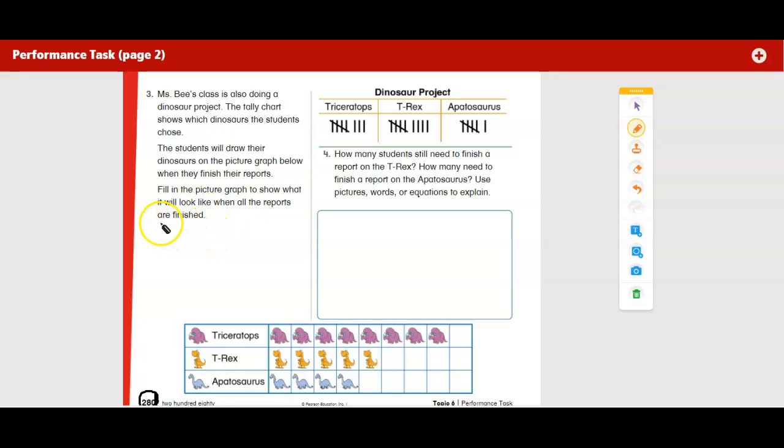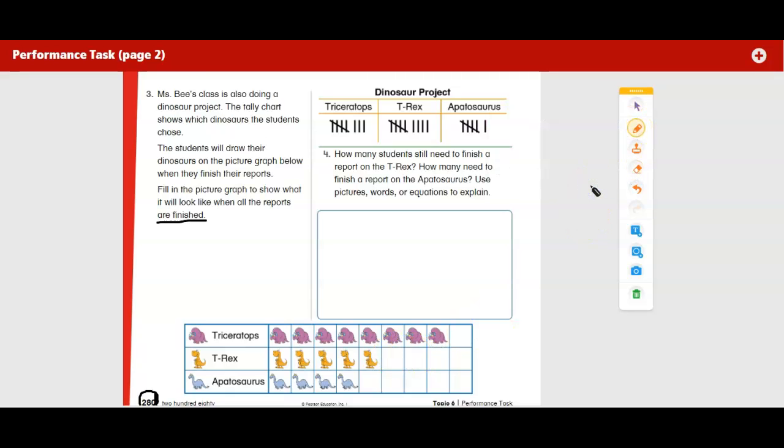We will need to show what the graph will look like when all of the reports are finished. So for T-Rex, you will also count the number of tallies and make sure it matches the number of T-Rexes here. If there are not enough, you can put an X or a circle or some kind of symbol showing that you filled in the picture graph.